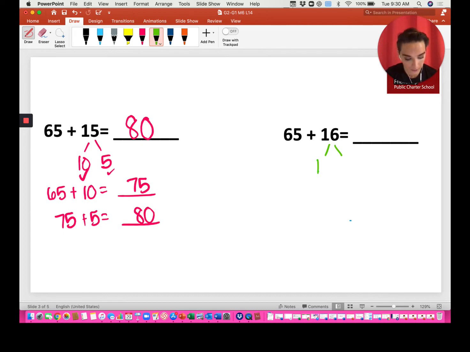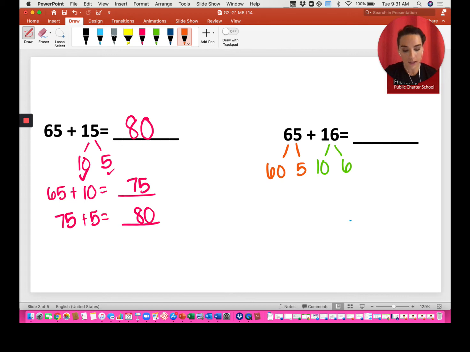Good. I would get 10 and 6. But now I can also decompose 65. What do I get when I decompose 65? You should have said that you get 60 and 5.